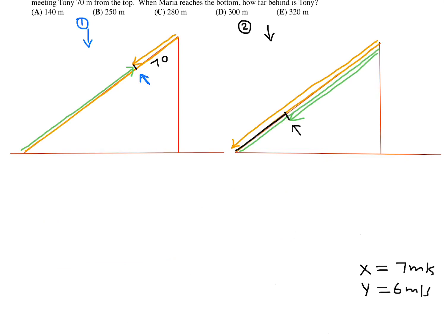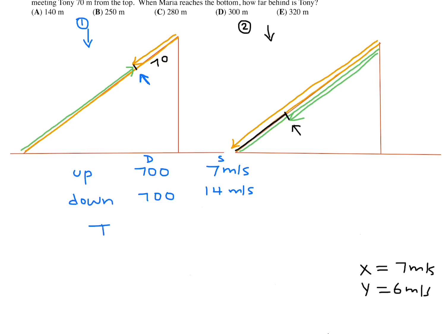So when Maria went up the hill, she has a speed of 7 meters per second, and her distance is 700 meters. When she went down the hill, all the way down to the bottom, 700, same distance, but her speed is double, remember. When she goes down the hill, it's double. So this is distance, this is speed.